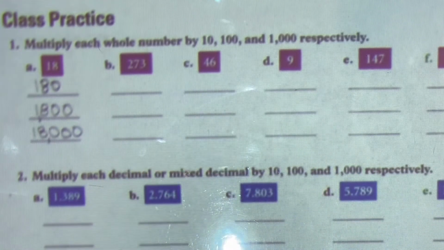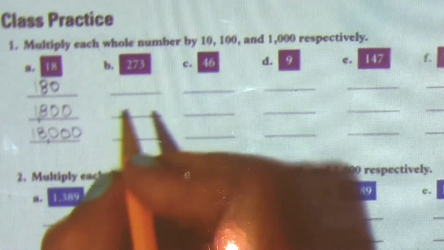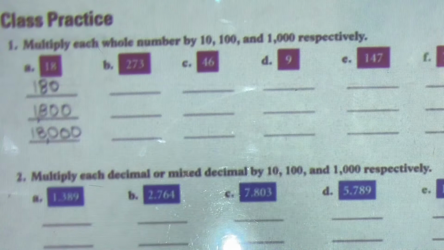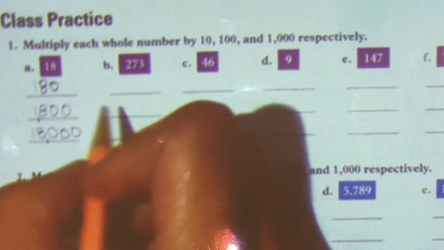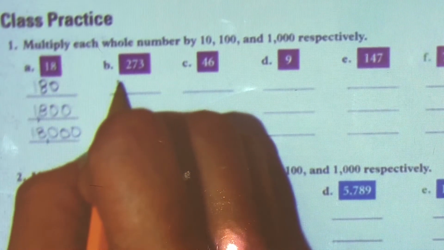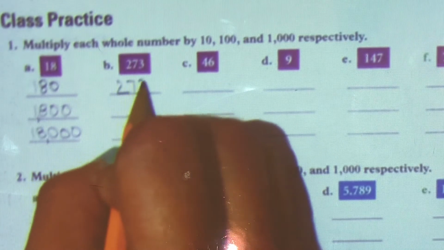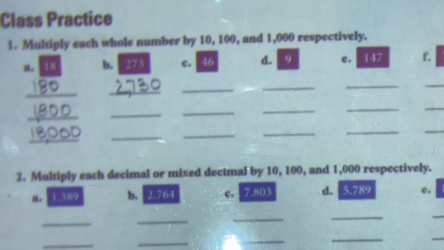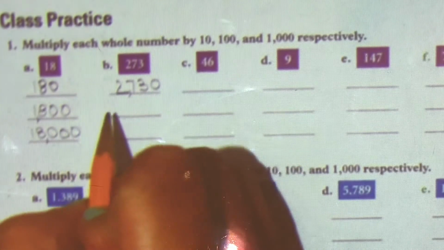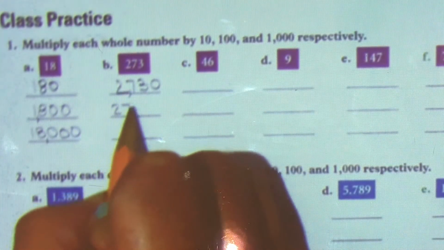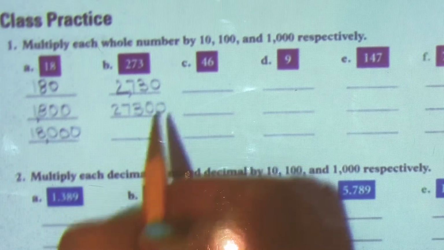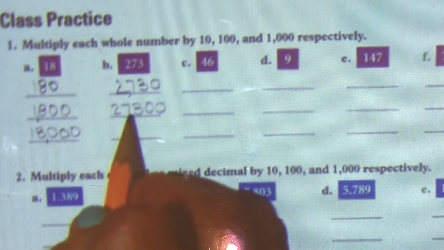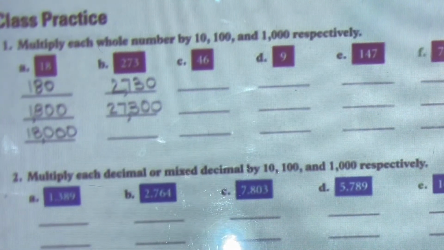Let's try letter B. Again, if I multiply 273 times 10, that means that I have to add 1 zero. So let's add, and that's going to make my number 2,730. If I take the 273 and multiply it by 100, I already know that I have to add 2 zeros, and that's going to make my number 27,300.